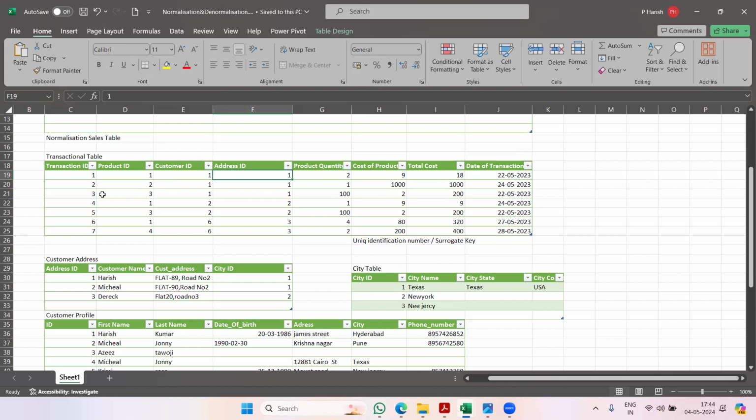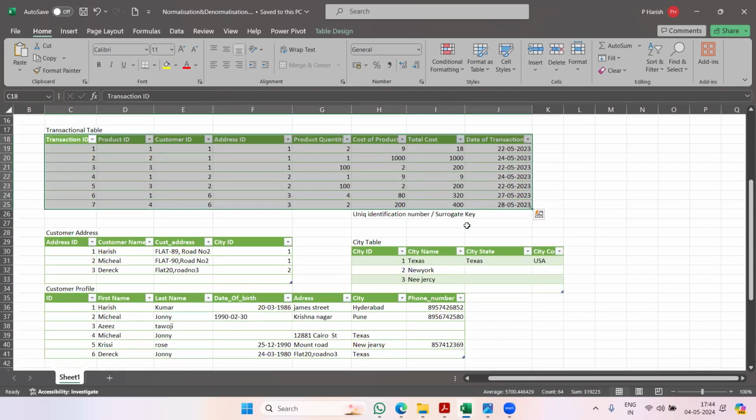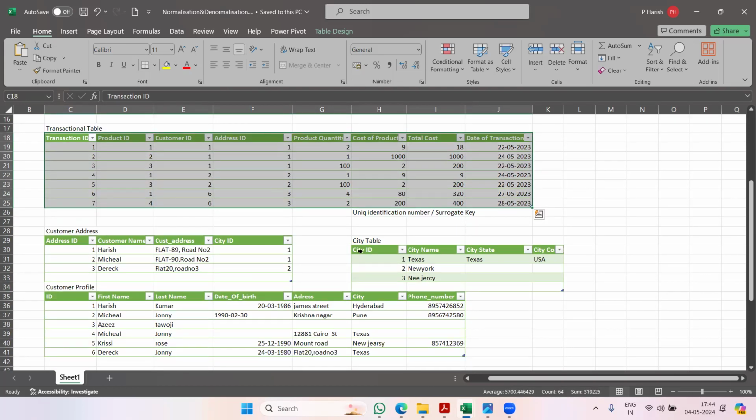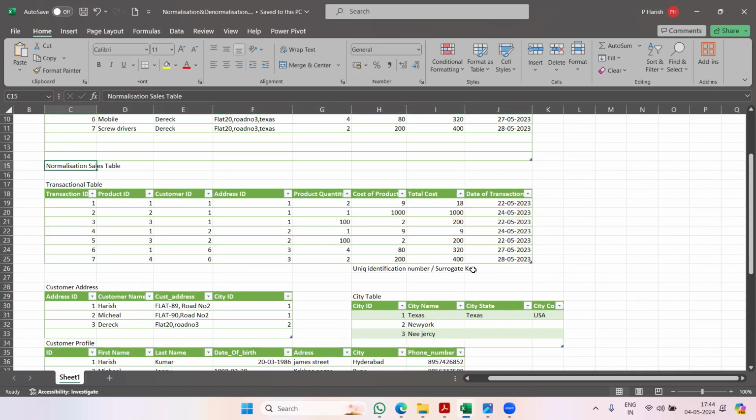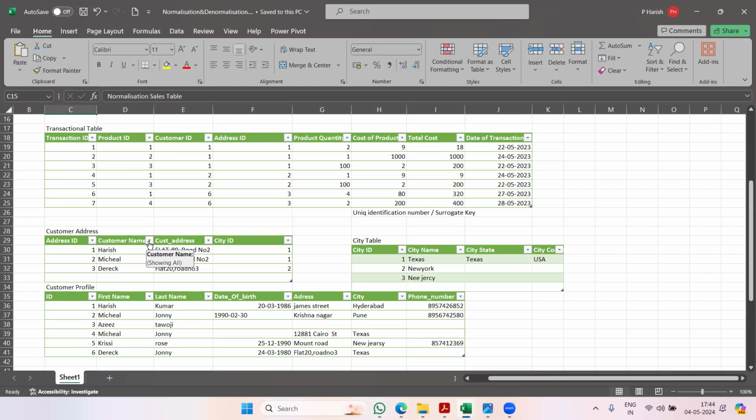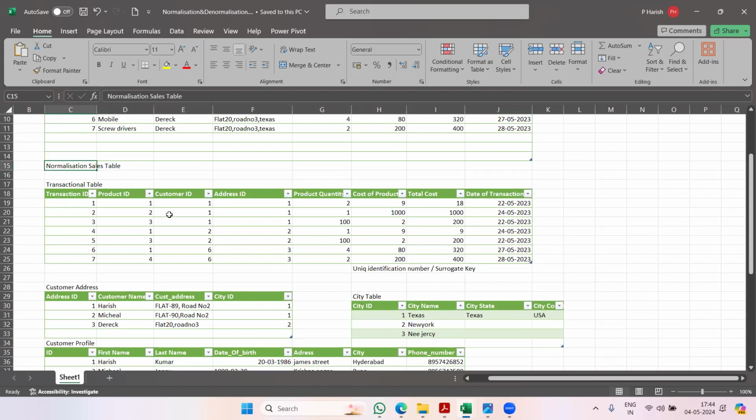In that way, storing the data into multiple tables in an organized and relational way, we call it normalization. We are normalizing our data so that we reduce the data redundancy. And these tables are interconnected. They have a relationship. That is the reason whenever we come to it as a database, we call it a relational database management system.